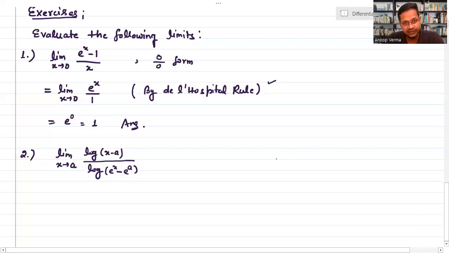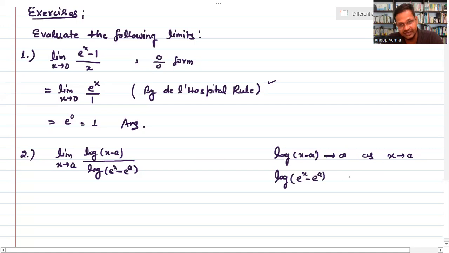Here you can see this log x minus a will be tending to infinity as x tending to a. And similarly, e to power x minus e to power a will be tending to zero as x tending to a. And you also know the curve and the graph of such functions.